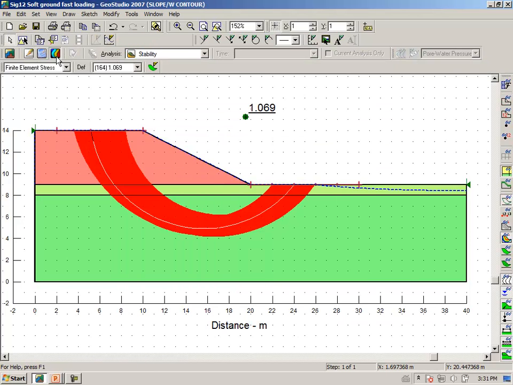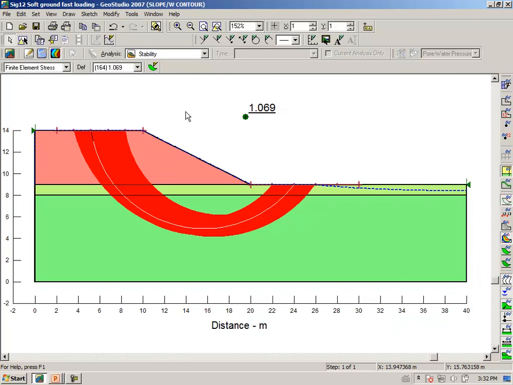Looking at the results view, we have turned on our safety map, indicating that there is a fairly wide zone where the factors of safety are all quite similar. And this would suggest that the embankment has been placed too fast.